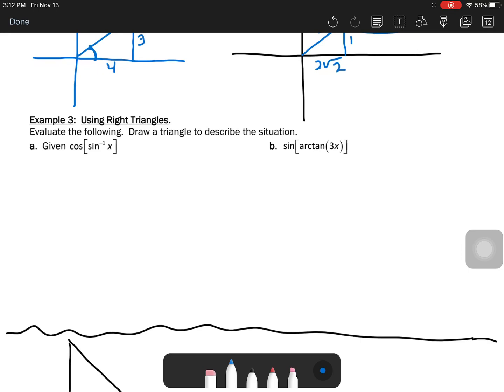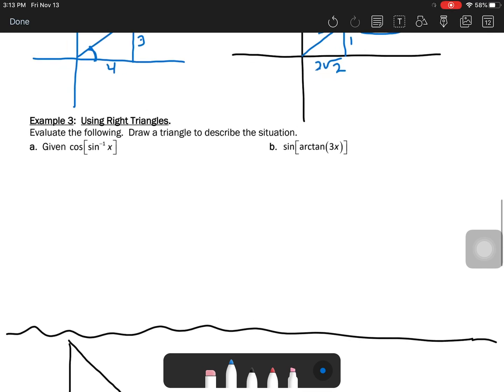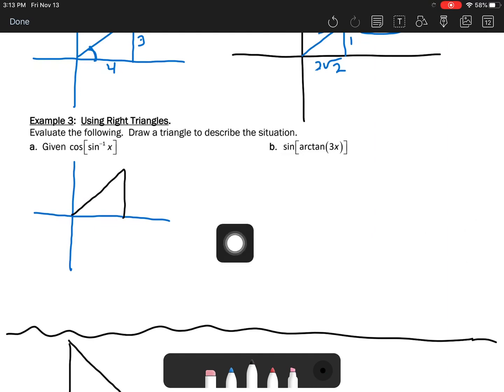I'm going to just draw this one out, and that'll kind of lead us into finding how we can find the derivatives of these inverse functions using some implicit differentiation if we want to. Okay, so here I would draw out my right triangle again, just random. Now the thing is, it's saying we're talking about some angle that has a sine of x.